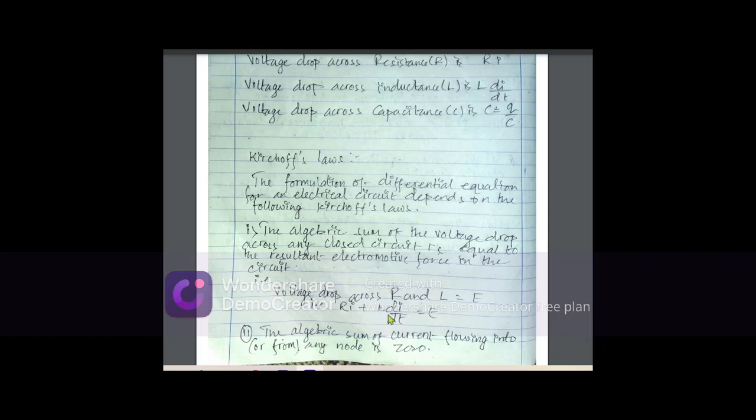And rule number 2 is that the algebraic sum of current flowing into any node is 0.